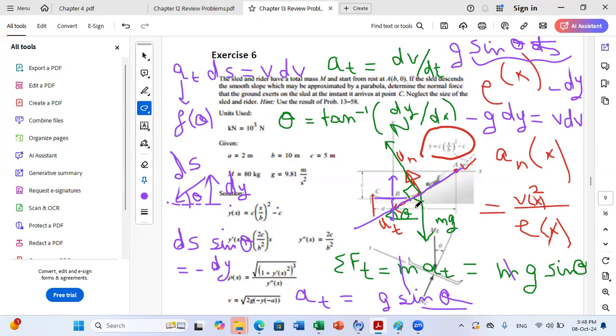But the y-axis is taken upward. So when s increases, y will decrease. They vary in an opposite way. This is why we should put the negative sign here, minus. And according to the geometry, ds sine theta can be replaced by minus dy.